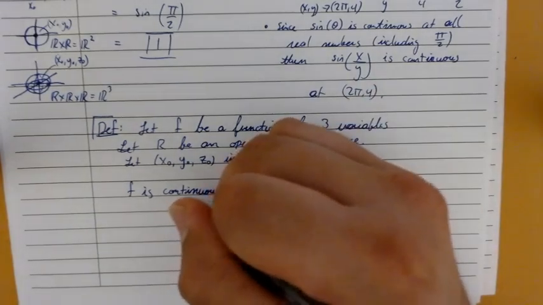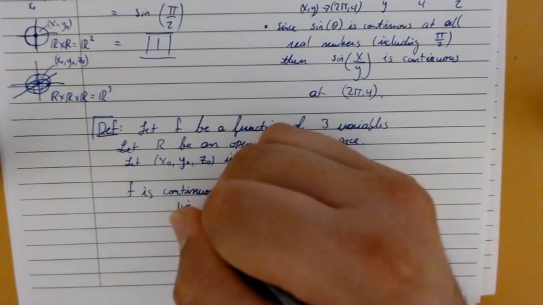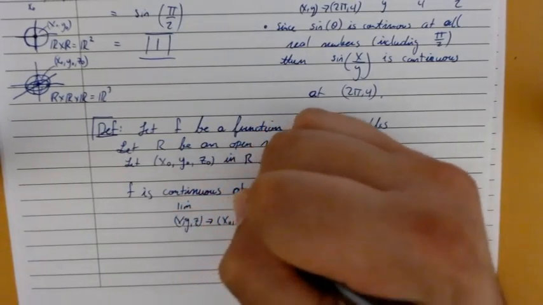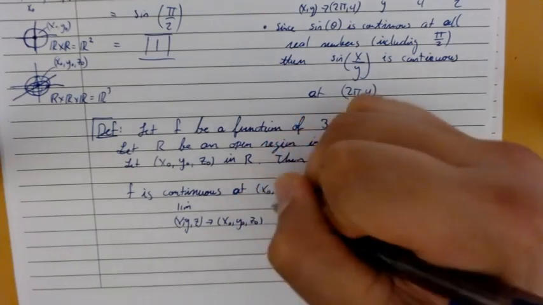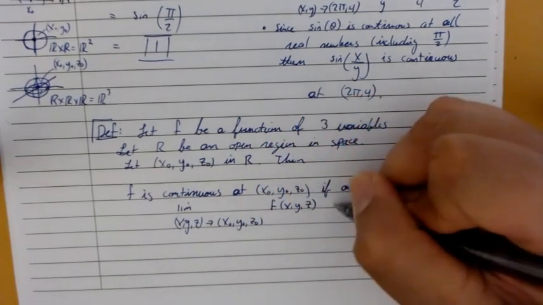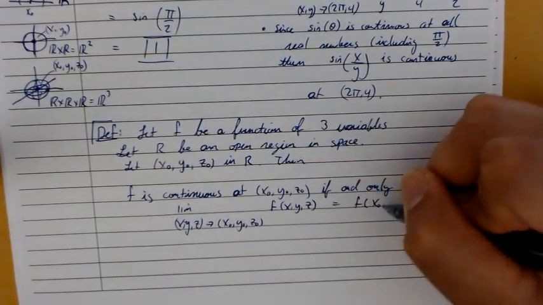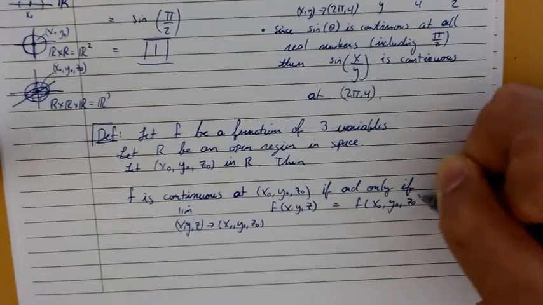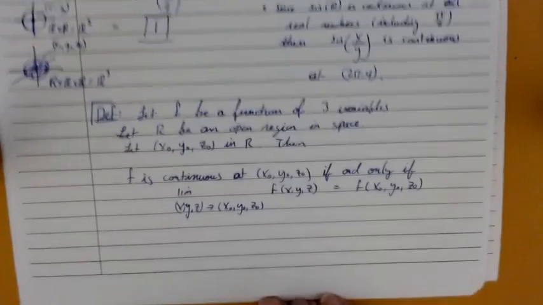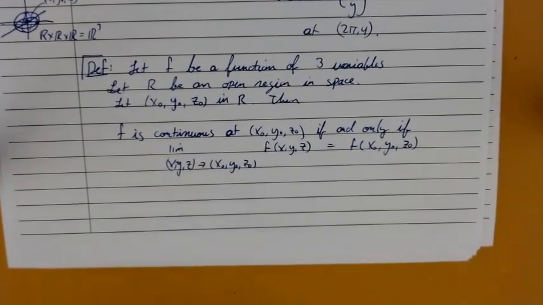If and only if the limit as x comma y comma z approaches x naught comma y naught comma z naught of f of x comma y comma z is equal to f of x naught comma y naught comma z naught. Not exactly surprising given how we've seen extensions into space happen in previous sections. We simply add the next component up.